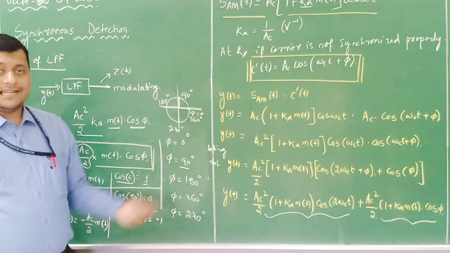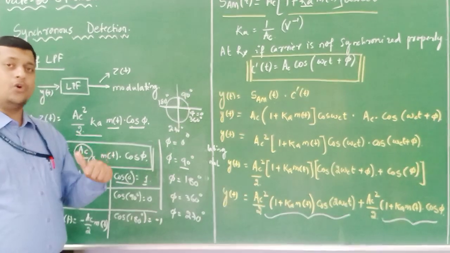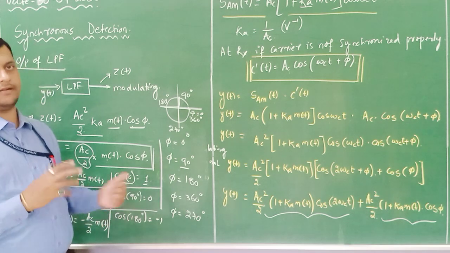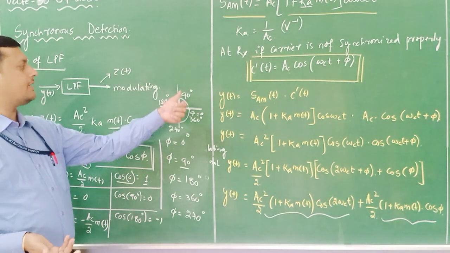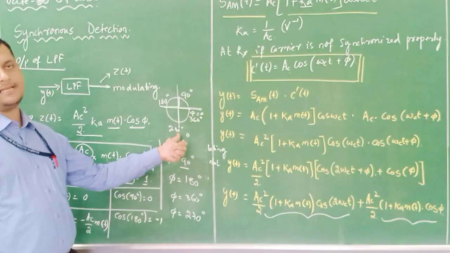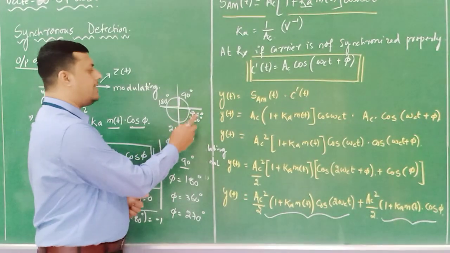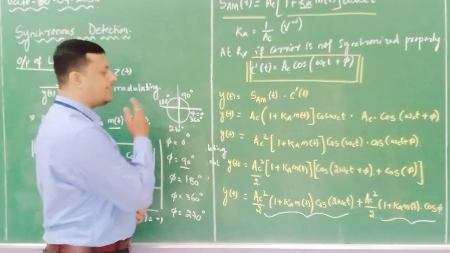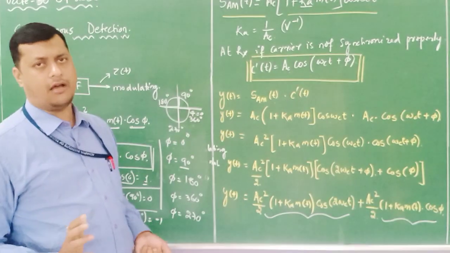If there is a 180 degree phase shift, we will get an output but in negative quantity. But if it is 0 degree, it's okay, we will get it as positive. If it is 90 or 270 degree, no output is available. If it is 0 degree or 360 degree, we will get positive output. But if it is 180 degree, we will get a negative output.